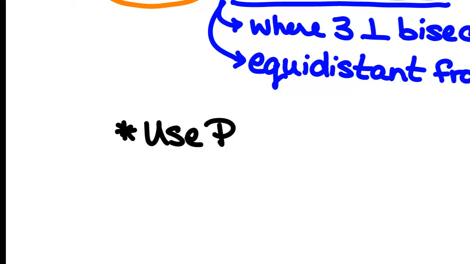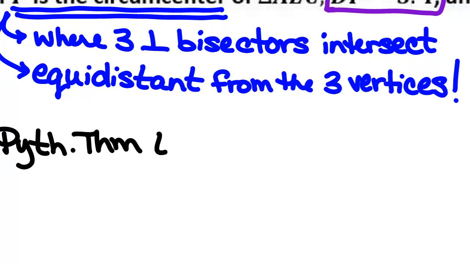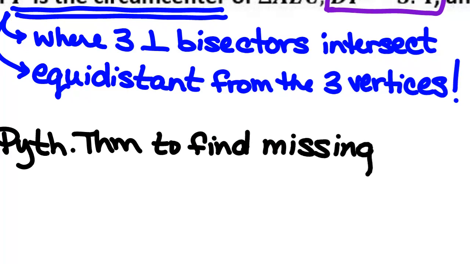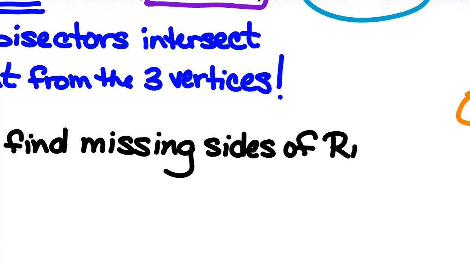We are going to use the Pythagorean theorem to find missing sides of right triangles.